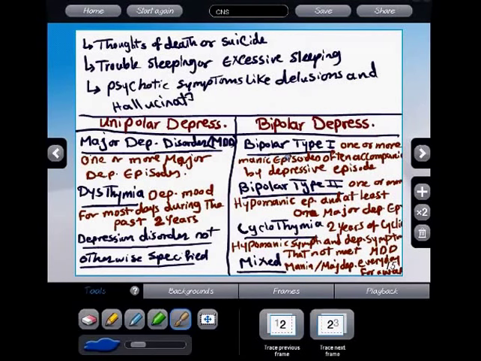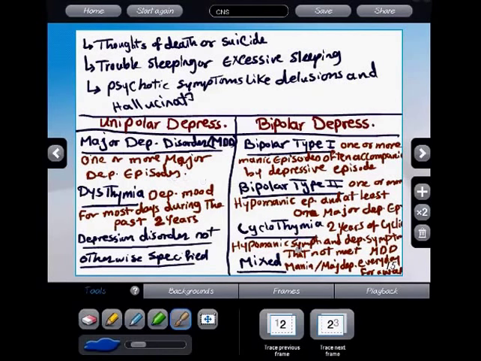But if we're talking about hypomania, which is not huge mania, not high mania, it is a hypomanic attack or hypomanic episode. One or more hypomanic attacks combined with depression can be called bipolar type 2.